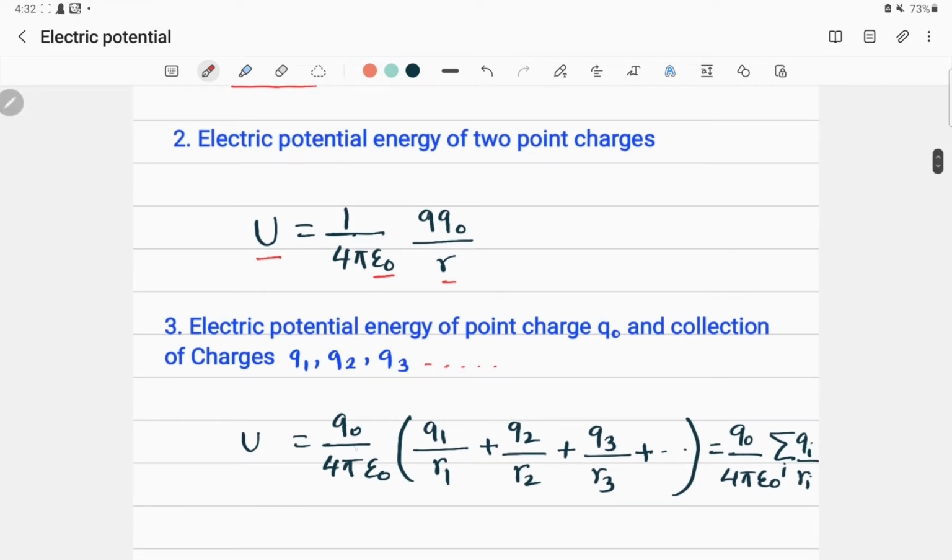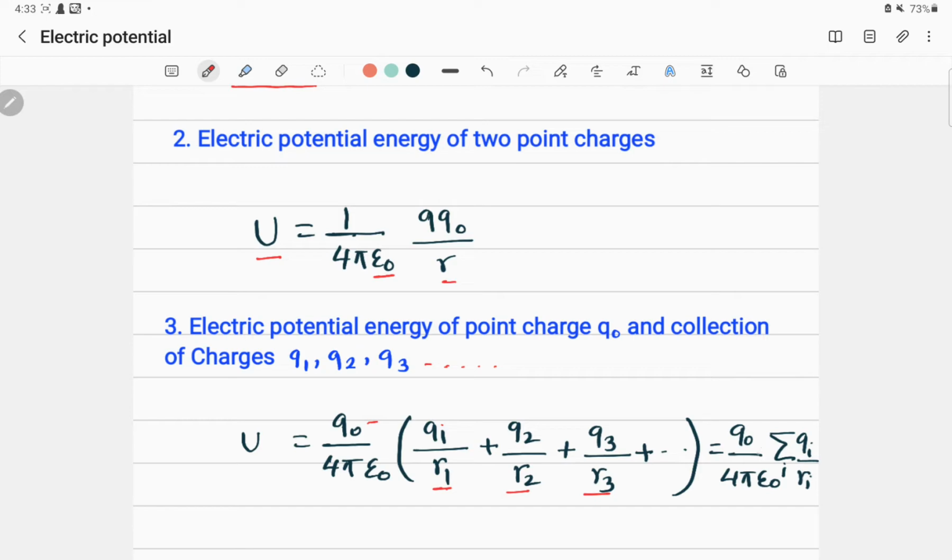U equals Q0 divided by 4 pi epsilon naught, where Q0 is the point charge, and all the charges over here from Q1 to Q3 and so on are the collection of charges, and at the bottom r1, r2, r3 and so on are the distances from Q0 to the individual charges Q1, Q2, Q3 and so on.